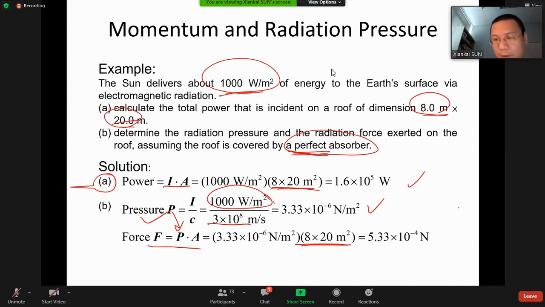Finally you get 5.33 times 10 to the negative 4 newton. You can tell this value is very small, about 533 micronewtons.